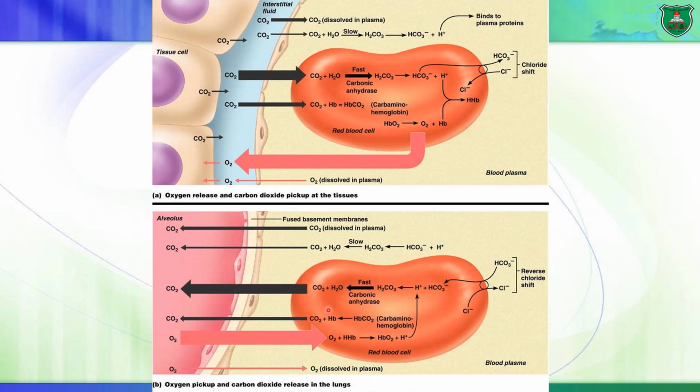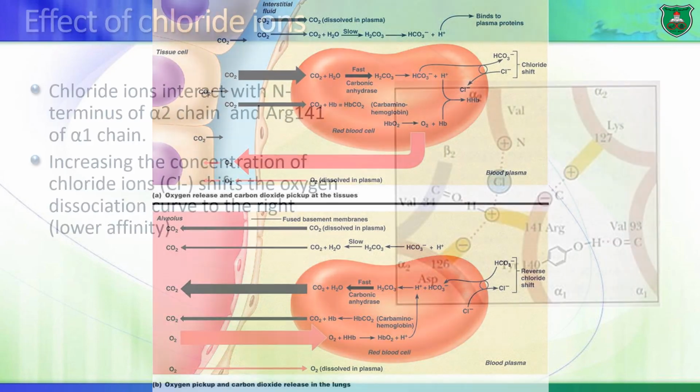At the same time, you have hemoglobin being in the R form, so with high affinity state, it can bind to oxygen atoms. So, question: is there an effect for chloride on the transition of hemoglobin from the T to the R state and vice versa? And the answer is yes.